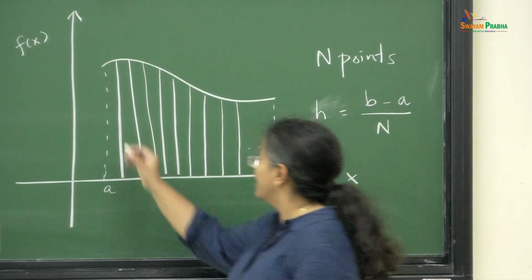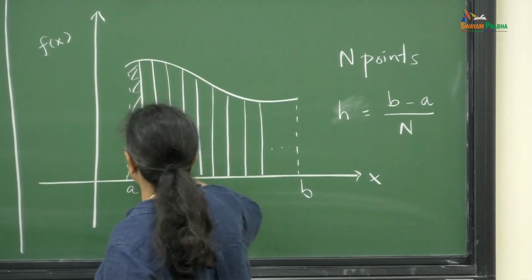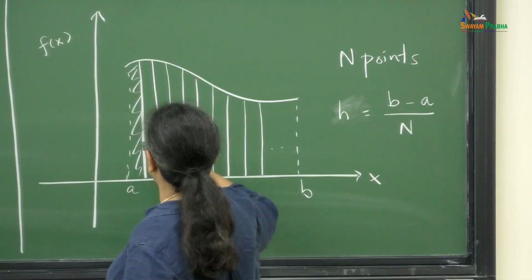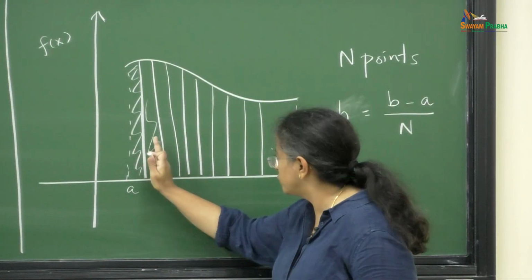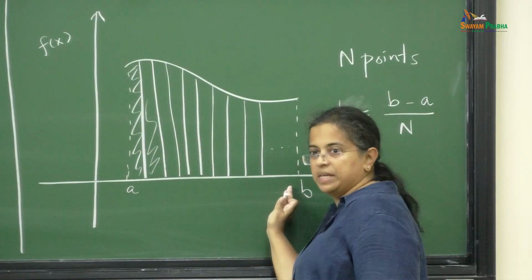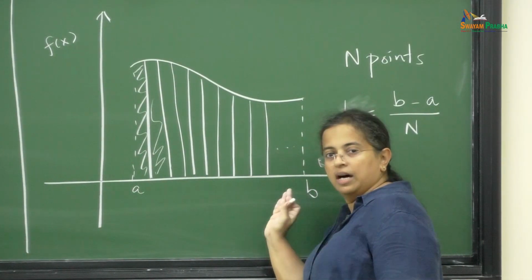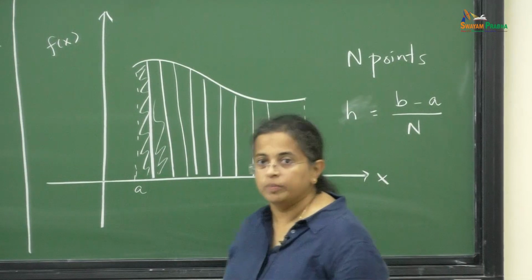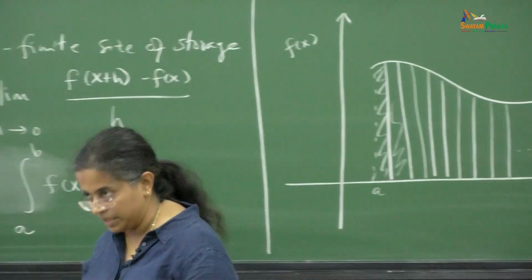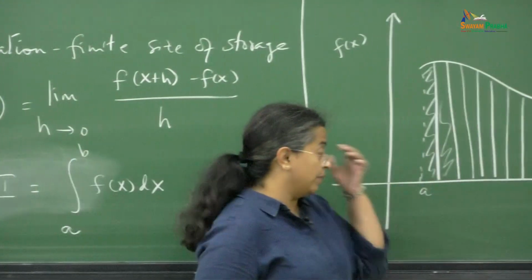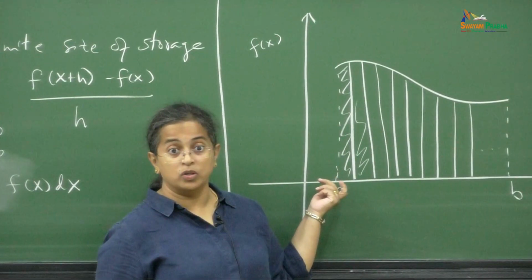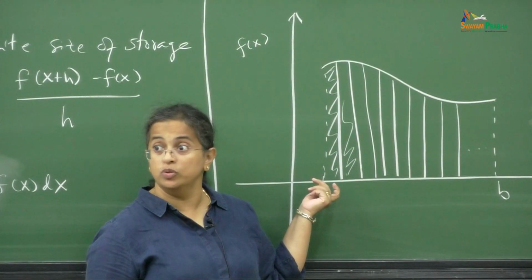Now you want to find this area, sum it with this area, and so on and so forth as you go from this slab to this slab to this slab all the way to b. Now, the error you make will depend on what sort of regular polygon, what shape you use here.